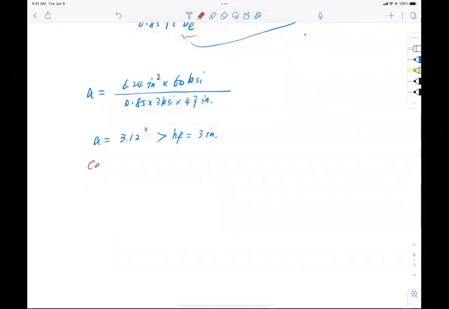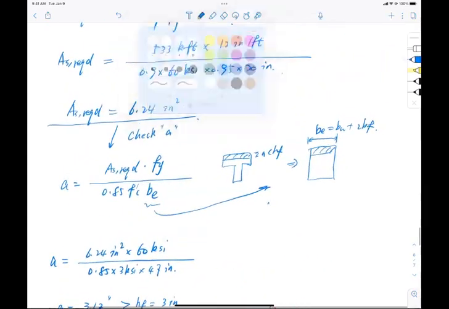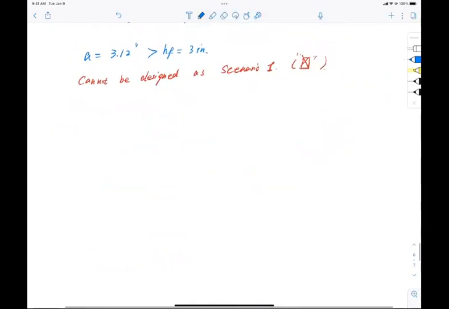So it cannot be designed as scenario number one. Meaning it has been denied as a rectangular section. Cannot be a rectangular section. So we go back to scenario number two. So step two, assume scenario number two, right?